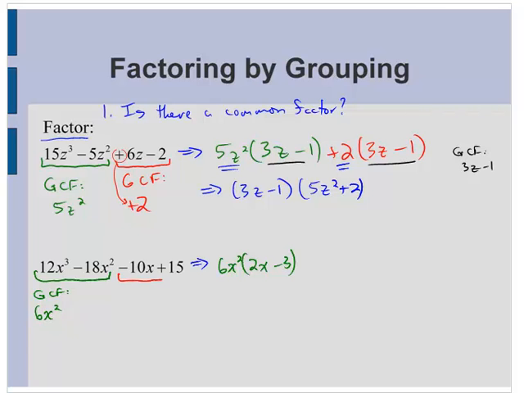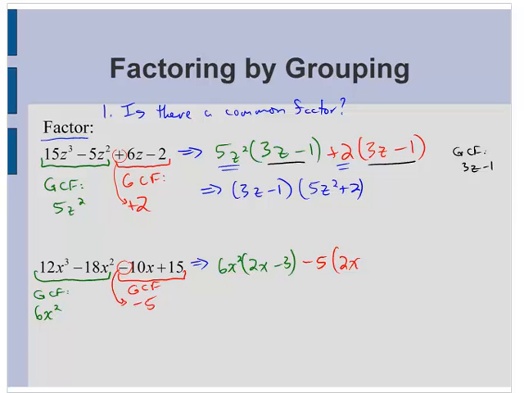Then I look over the second grouping, and the GCF there is 5. I'm going to make it a negative 5. Again, I'm taking the sign on that third term and putting it in front. So I'd write minus 5. Now be careful here. Negative 5 times 2x gets me back to the negative 10x.